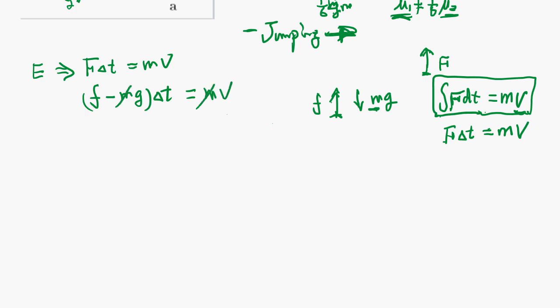If you remove this m by dividing on both sides, it becomes like that. But on the moon, on the other hand, the same astronaut has the same F, and m is the same. m is a mass, so it doesn't change.